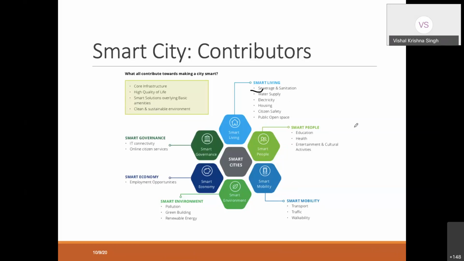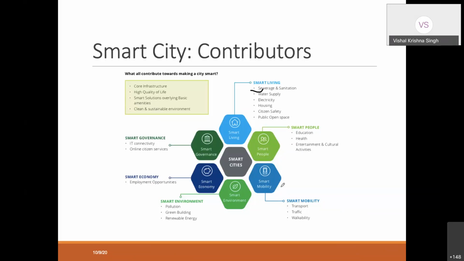So education and health are to be addressed, and people are to be made aware of these technologies and given proper education regarding using these resources.